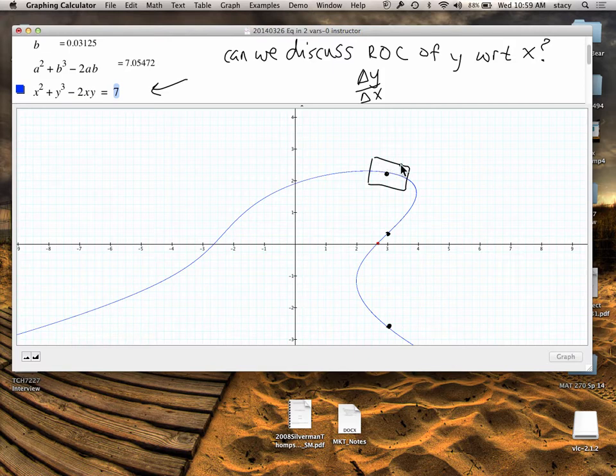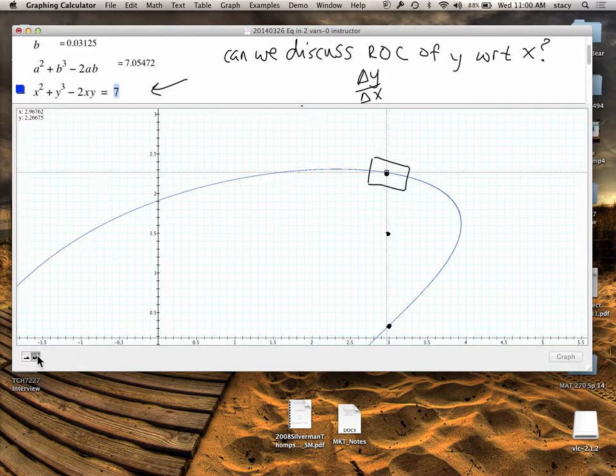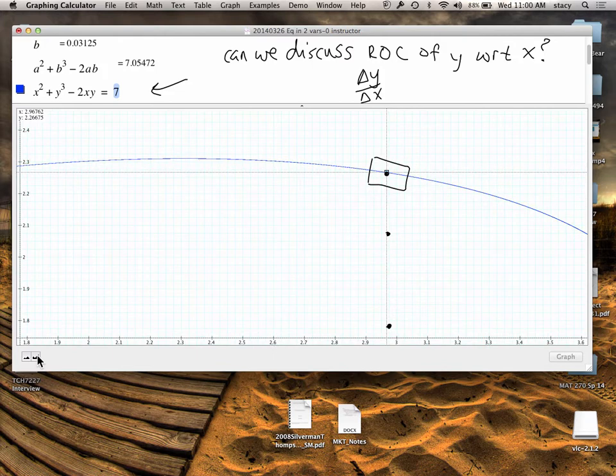So yes, so let me go ahead and highlight that point and zoom in. Okay, now it looks like a function. Forget the rest of the picture for a moment. We've zoomed in. How would I find the rate of change at this point?